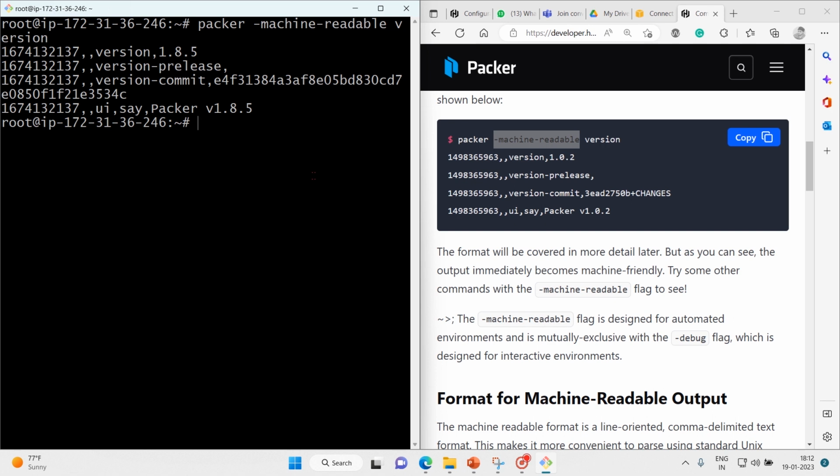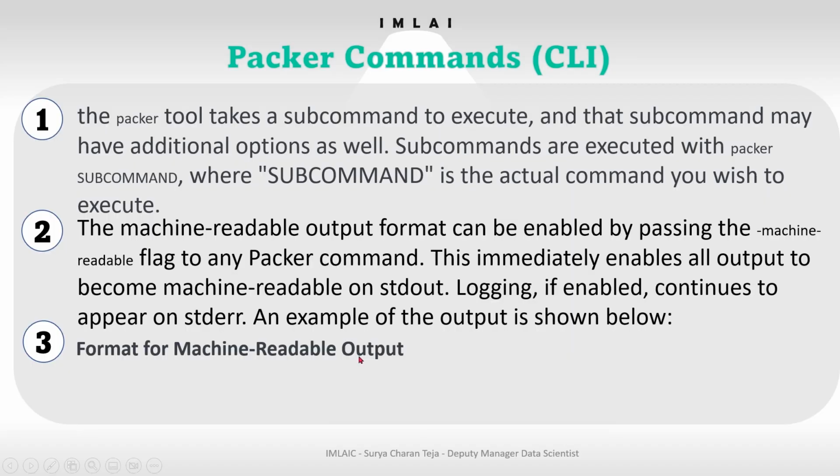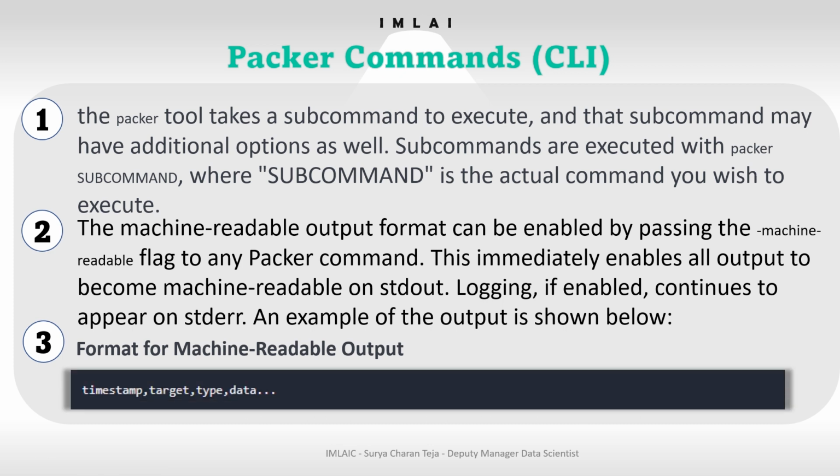Okay, then the third option that we have is the format of machine readable, and we'll look into the format of machine readable. The machine readable format is a line oriented, comma delimited text format. It's line based and comma delimited.